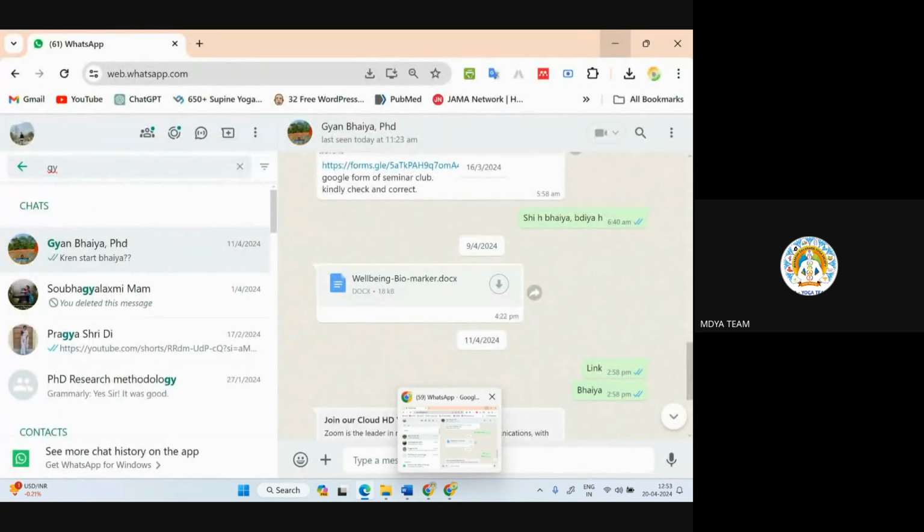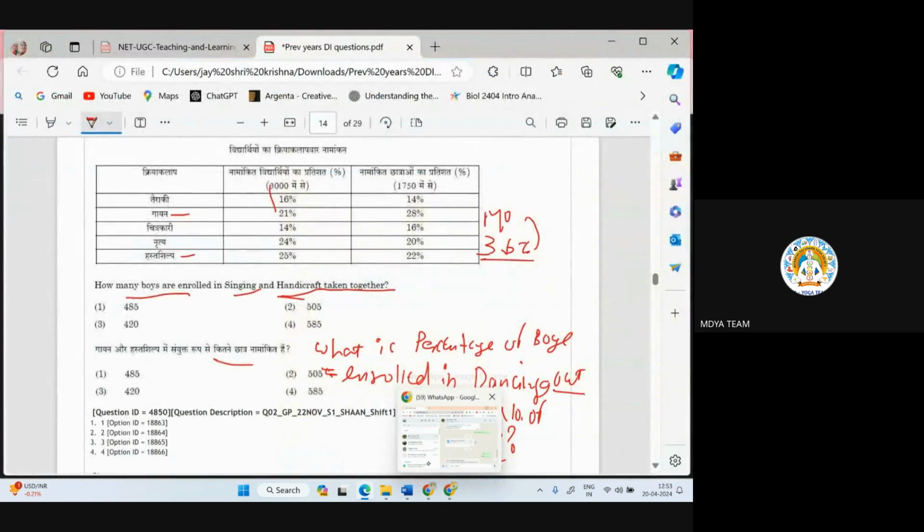The part is the number of boys enrolled in dancing. So you have to calculate the percentage. Understood the question? Yes, sir, got it.